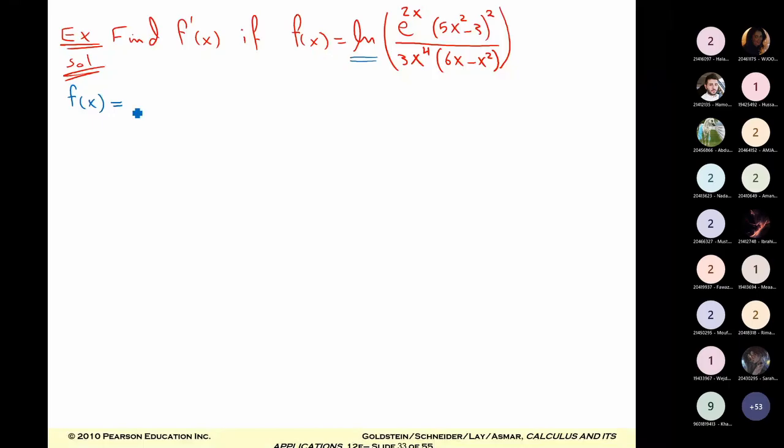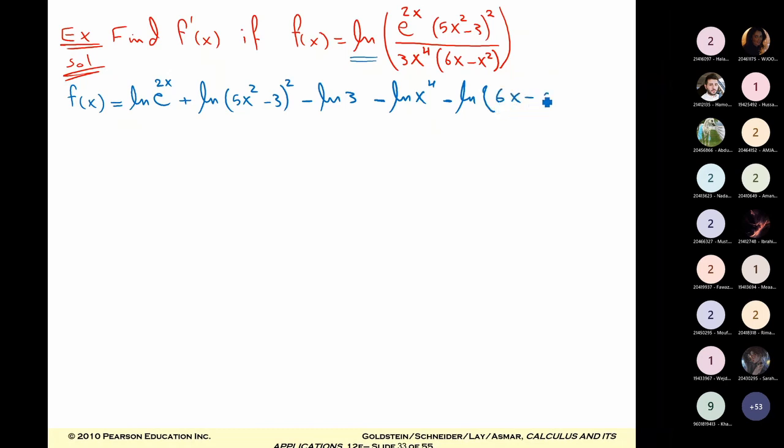Distribute the ln. This means ln e to the 2x plus ln of 5x squared minus 3 squared minus ln 3 minus ln x to the power 4 minus ln of 6x minus x squared.